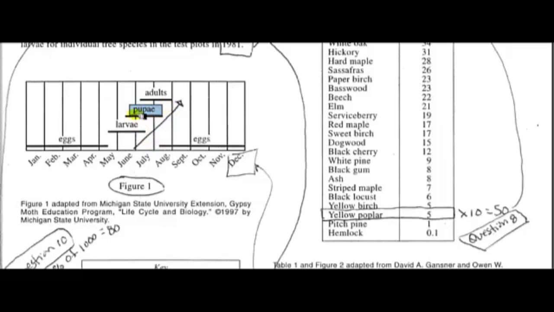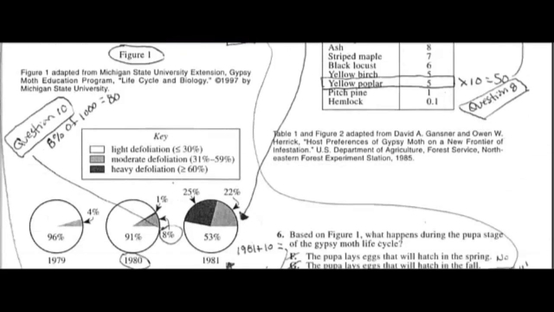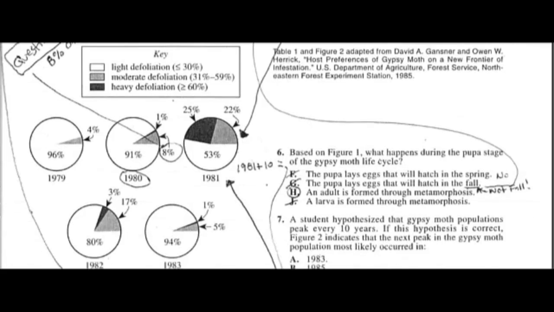Well, no, because the progression is from left to right. So that's wrong for 2 reasons, because they have to go from the pupae stage to adult stage. Once they become adults, then they would lay eggs down here, which would be in the fall. So that's wrong for 2 reasons. Let's go ahead and get that out of there. Answer choice 6F is wrong for 2 reasons.